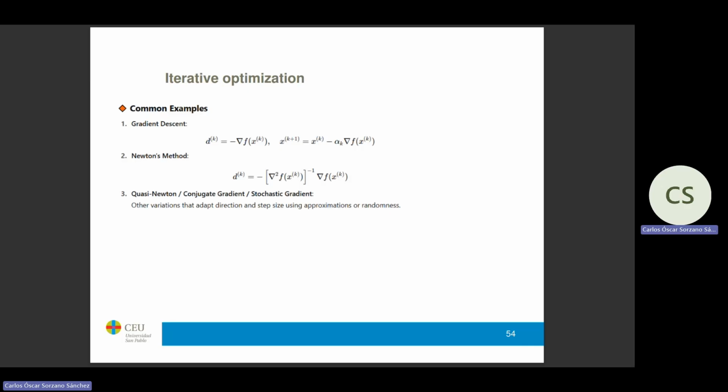Stochastic gradient, so there are many variants. But you get the idea. I'm approximating the function locally by some plane, in gradient descent, or by some polynomial or some parabola, and then trying to use that information to go in the direction that the function is decreasing.